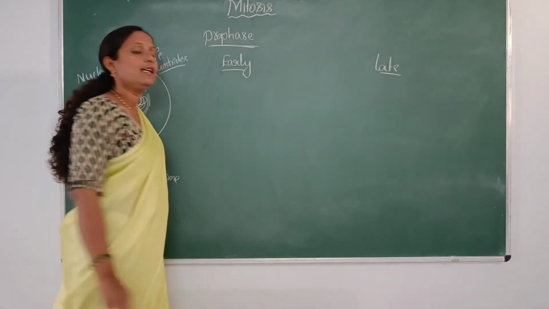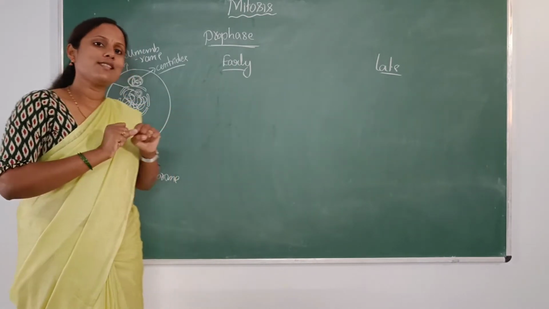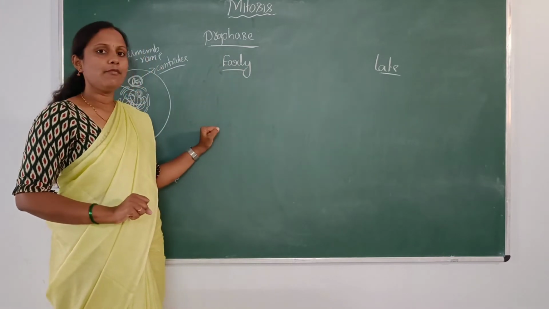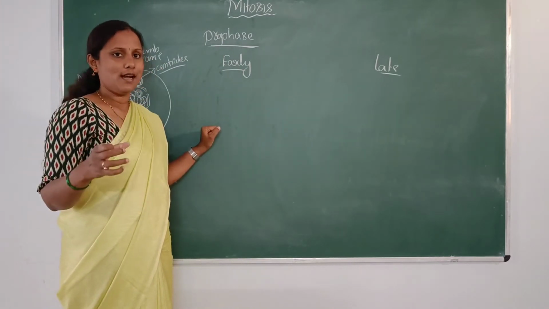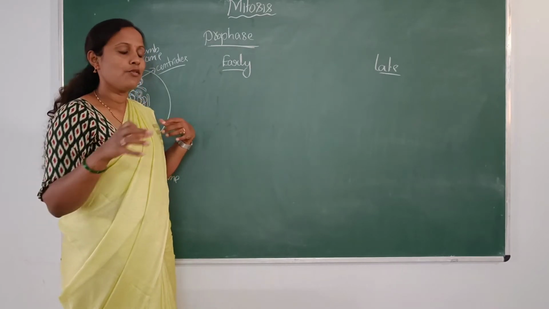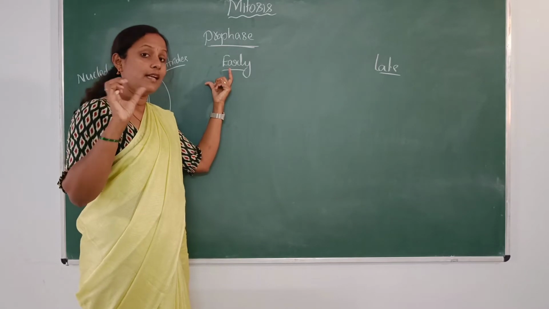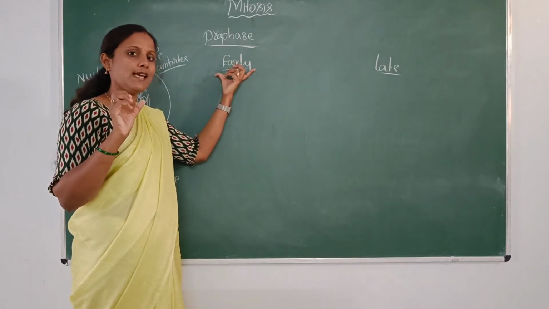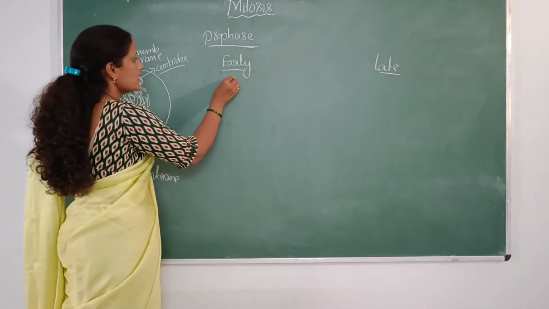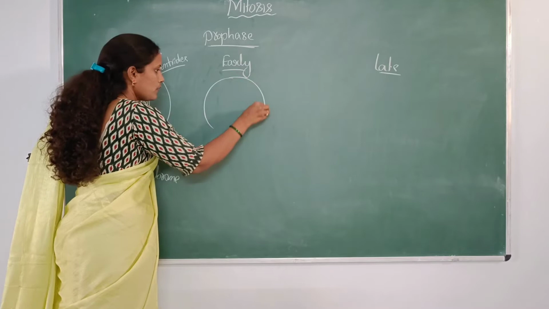There are events which start and they end. During the early phase, the events will start. By the end, the events will complete. So for understanding that, they divide the prophase as early prophase and late prophase. Now we shall understand what the events in the early prophase are.